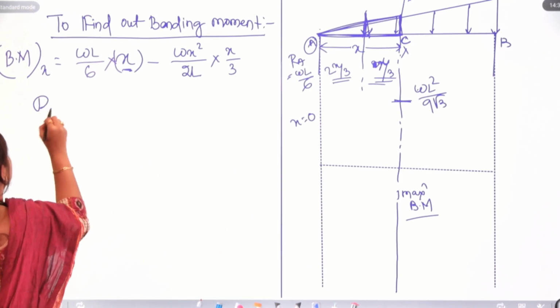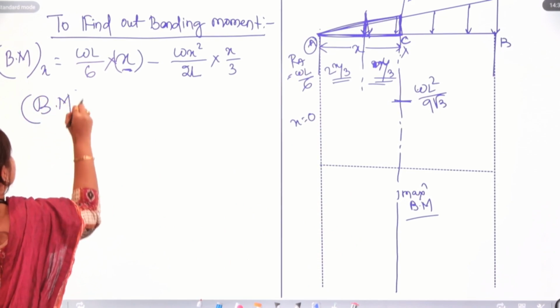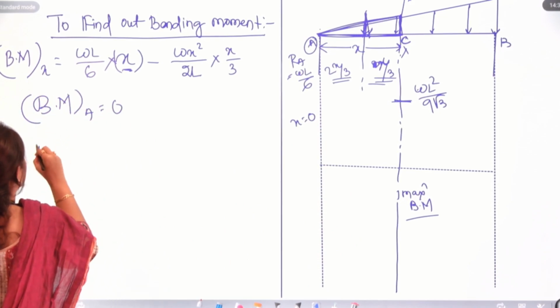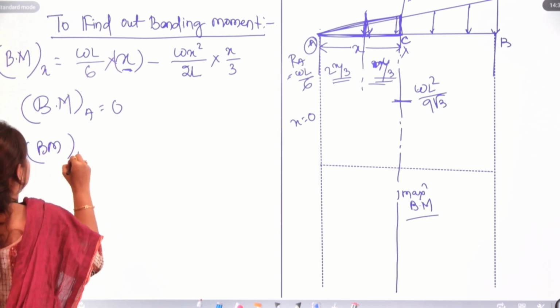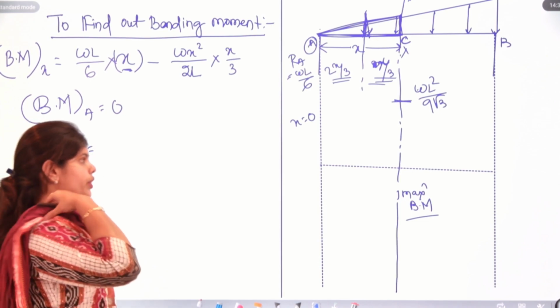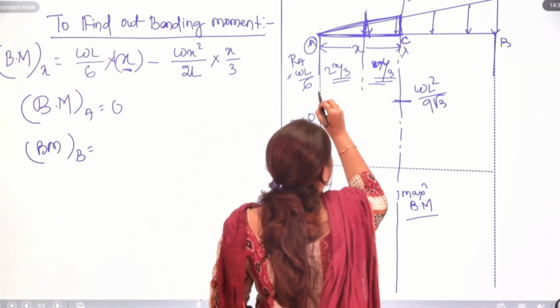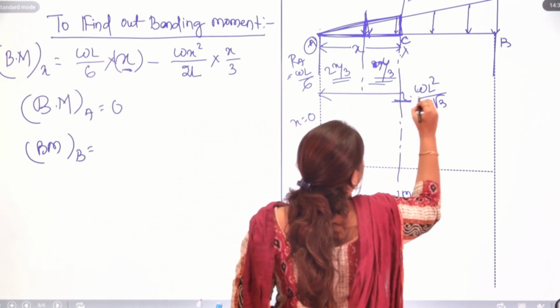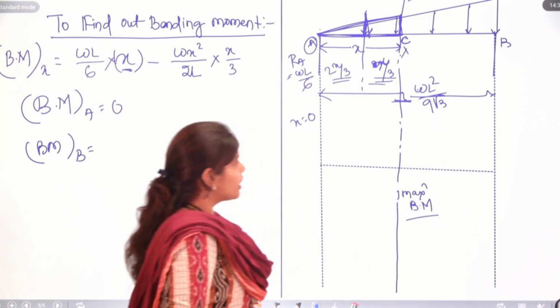So bending moment at A is 0. Then bending moment at B, we need to put the value of x as L, right?